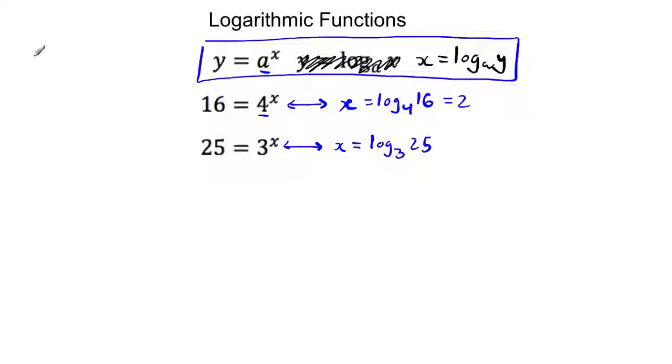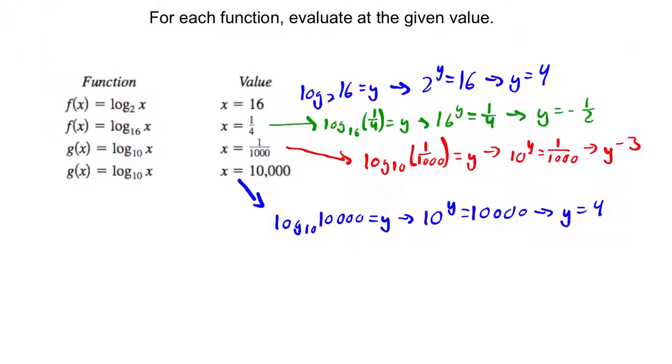Much in the same way as if I have y is equal to x divided by 5, I can rewrite that as y is equal to 1/5 x, right? That's the same as 1/5 times x. These are reciprocal operations, so I can rewrite them. And that's what we're doing here.